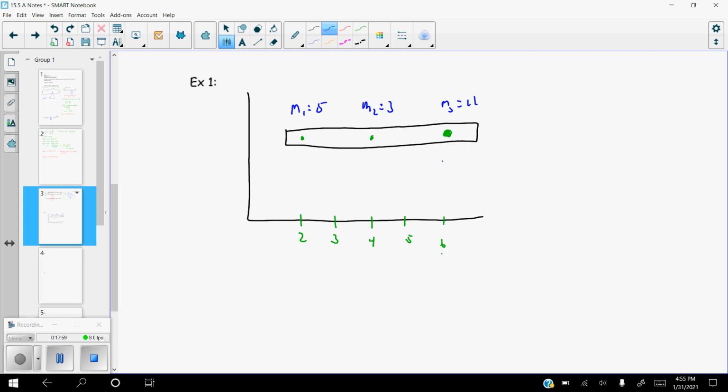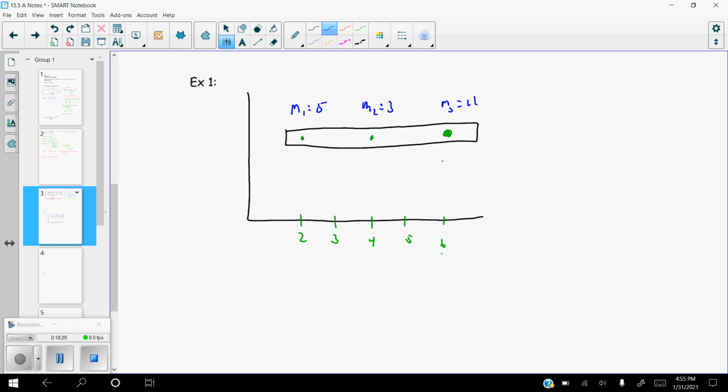Using our formula, we can now easily figure out where the center of mass is, where we would place the fulcrum to balance this thing. And if you're looking at it without actually doing the math, I've got a much heavier mass on the right side of this thing, and I've got 2 other masses towards the left-hand side. So the balancing point you should expect to be someplace in between mass 2 and mass 3.